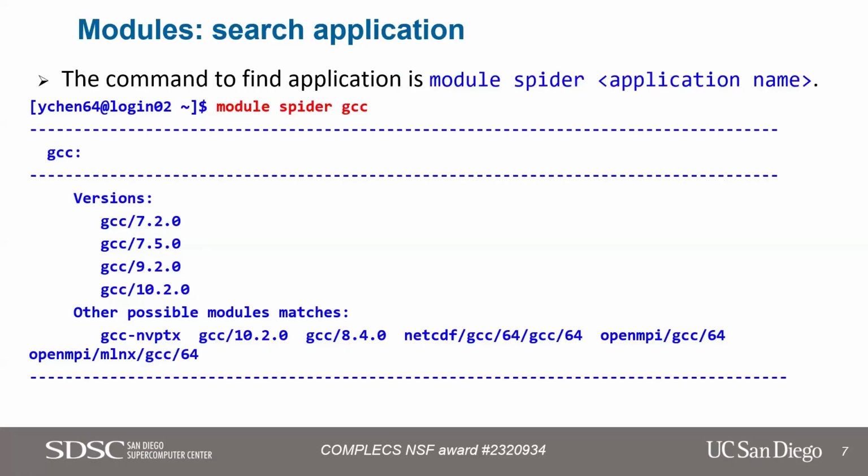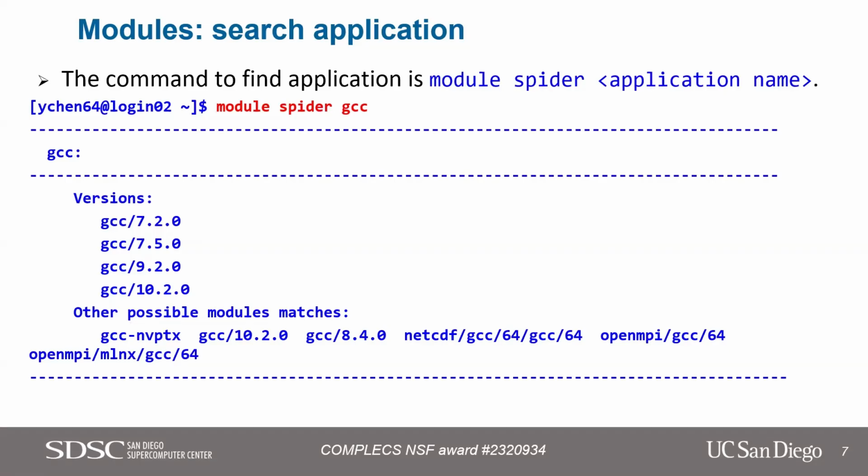Okay, so using environment modules is quite straightforward. You need to find out which applications are already installed system-wide and available in the module system. To find this out, you can just run the module spider command with the application name you want.